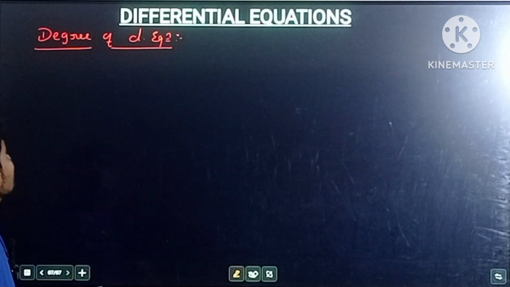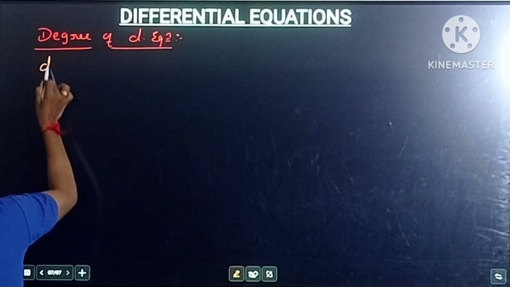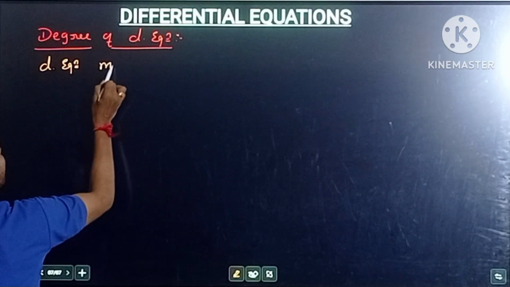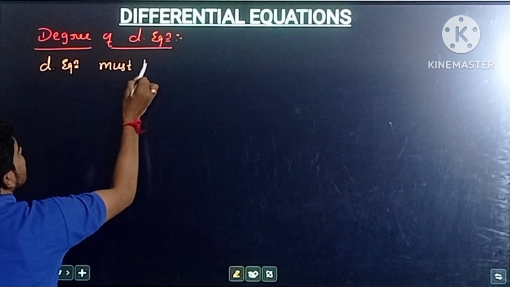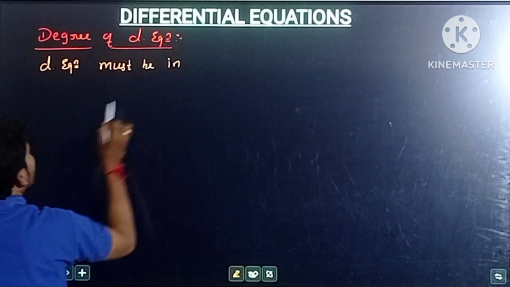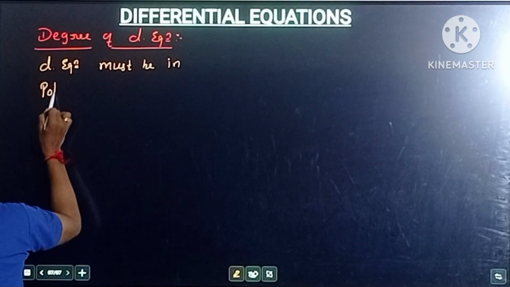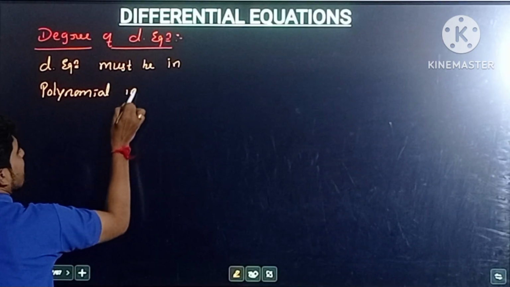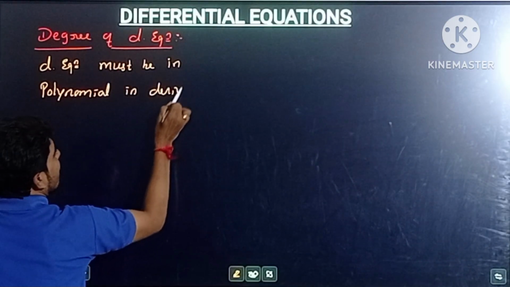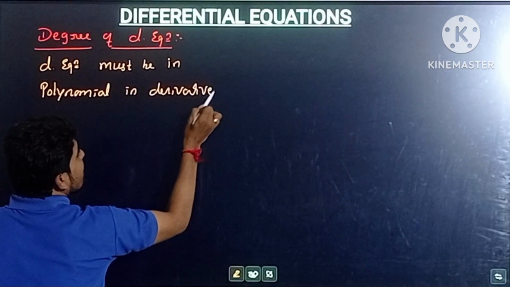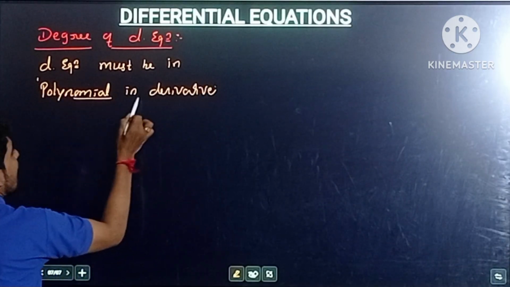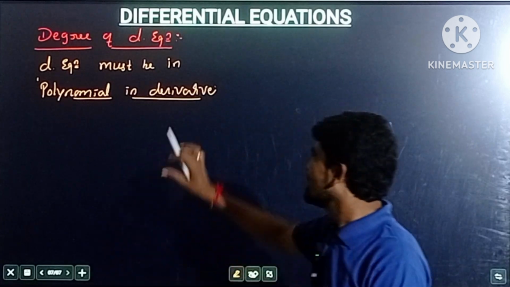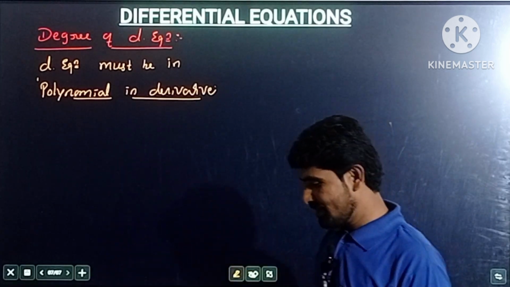What is the main condition? The given differential equation must be polynomial in derivatives. Now the question arises: when do we say the given differential equation is polynomial in derivatives?